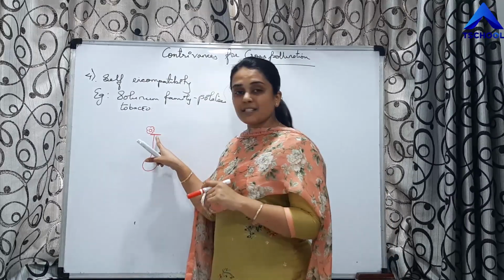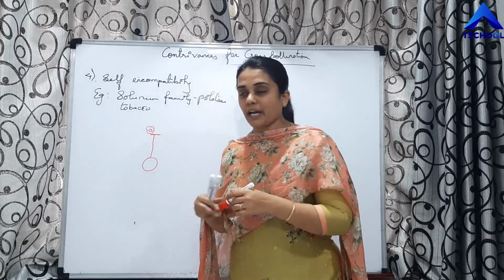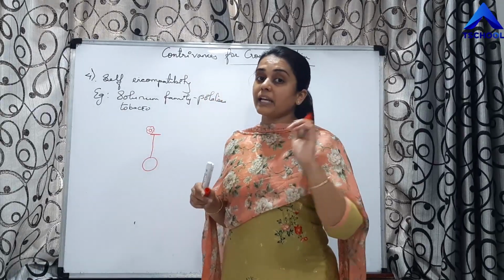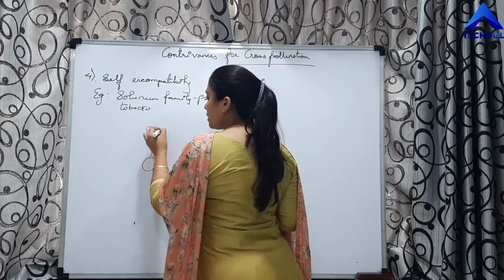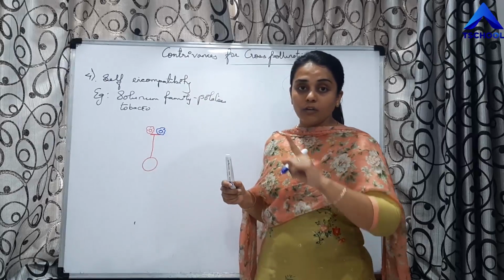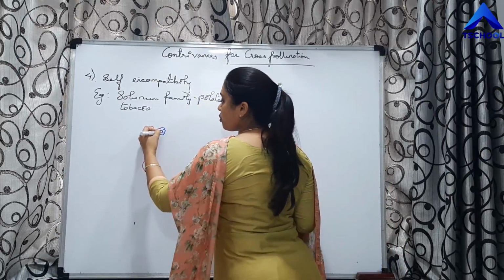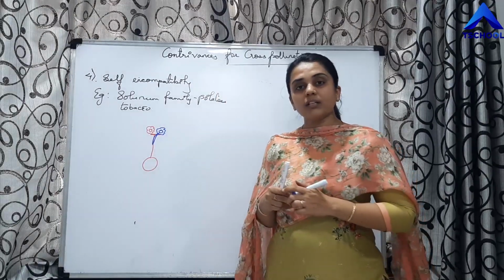So this is the stigma, and this stigma receives the pollen grain of the same plant. Then this pollen grain will not be able to germinate. If it receives the pollen grain of another plant of the same species, then only will this pollen grain be able to germinate and produce the pollen tube.